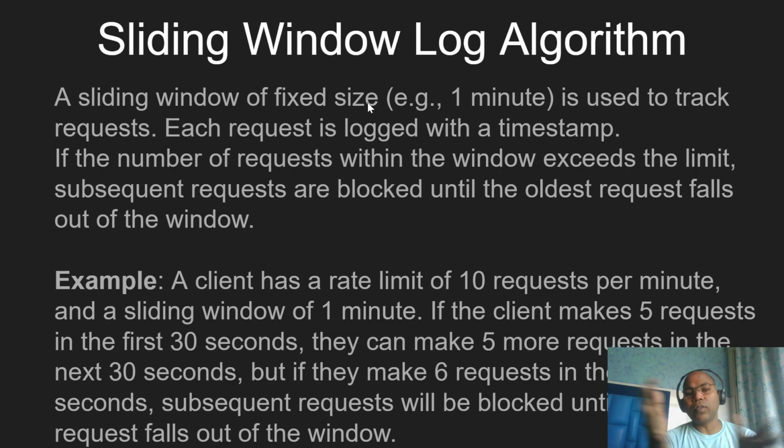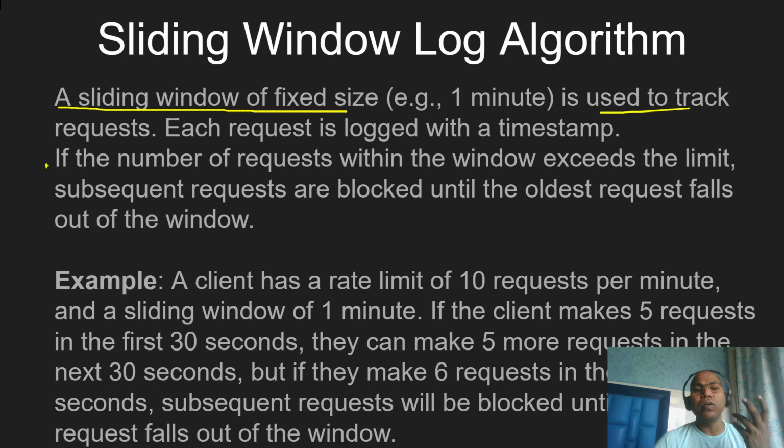Next, the sliding window. A sliding window looks like a fixed window, like 1 minute, used to track the requests. Each request is logged with a timestamp. If the number of requests within a window is exceeded, the subsequent requests will be blocked until the oldest requests fall out of the window.